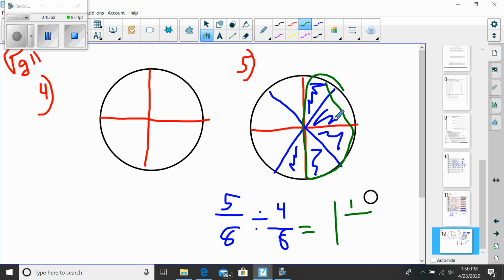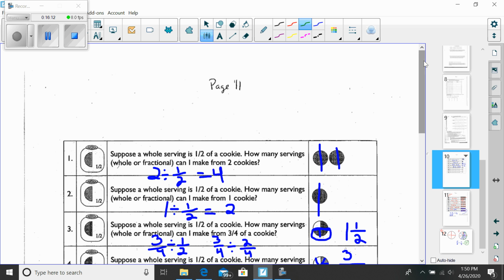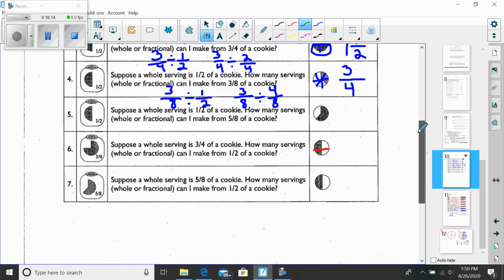A whole is 4 pieces. When I have one piece, I have one piece out of the 4 that I needed to get 1 1/4. Okay, so let's move on to number 6. And actually, why don't you pause the video and try 6 and 7 on your own.